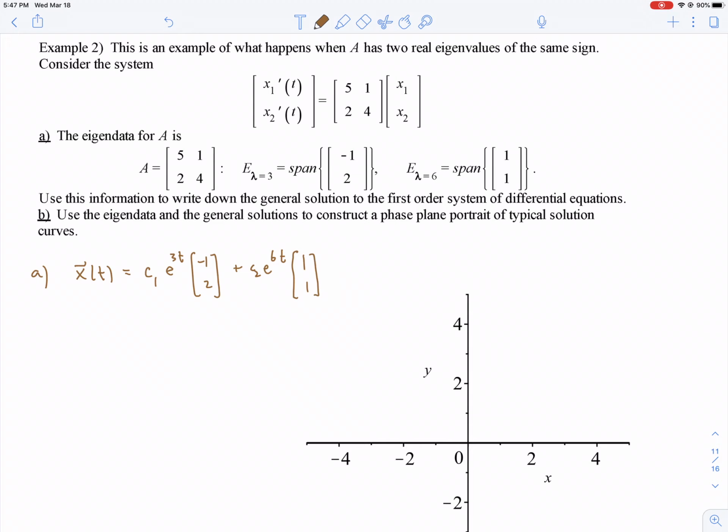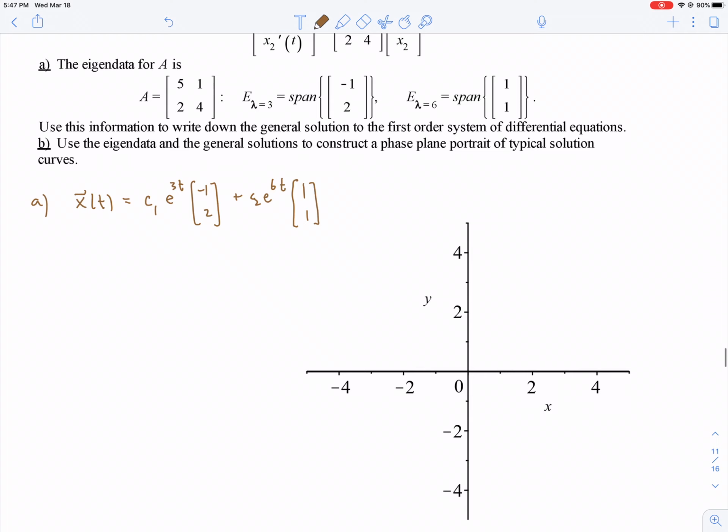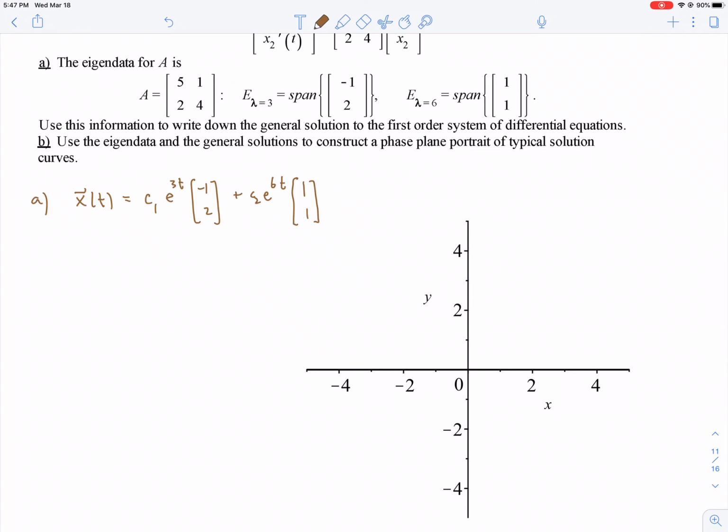Okay, now we're not going to waste our time trying to draw the tangent field. We'll just draw what the solution curves look like. And we begin by adding the eigenspaces to this picture. So one of them is spanned by 1, 1 or 4, 4.